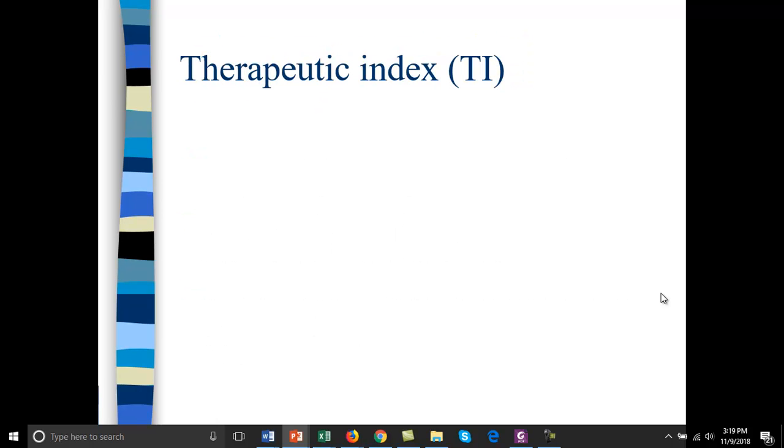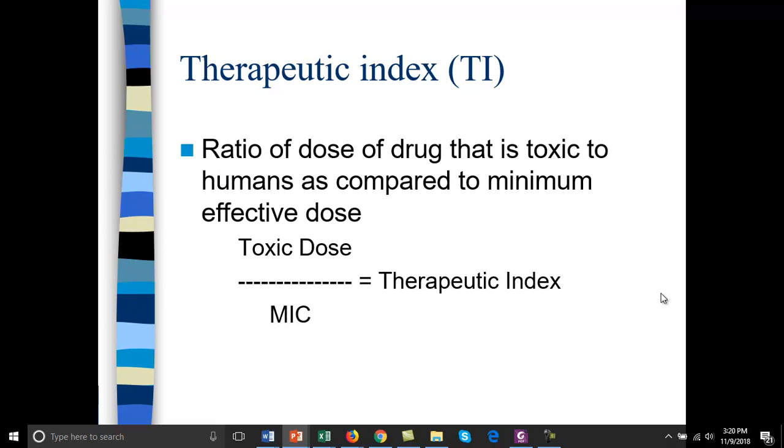Okay. The other thing that is really important to determine, and I want you to pay close attention to, is the therapeutic index. Therapeutic index, or TI, is a calculated value for different antibiotics, and it's used to determine the effectiveness of antibiotics when we're looking at picking the right one for a particular condition.